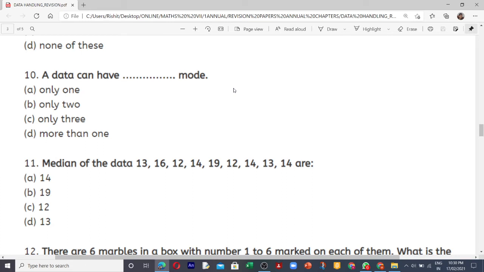Otherwise, if you do not arrange it, then maybe you are doing it wrong. Okay, all of you write down the answer. What is the median of this data? Question number 11.